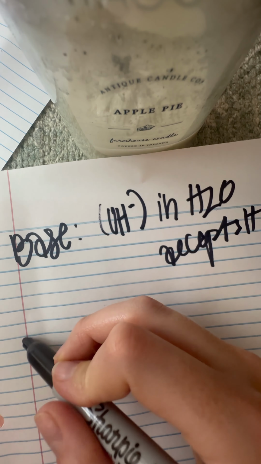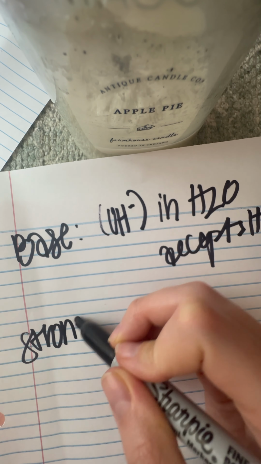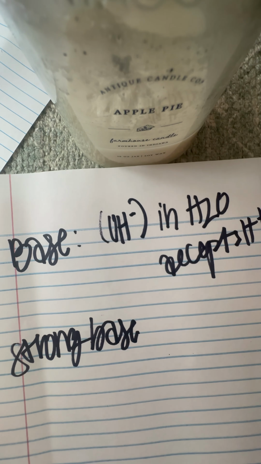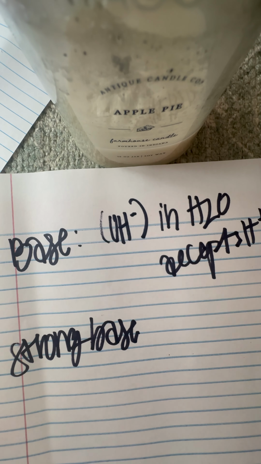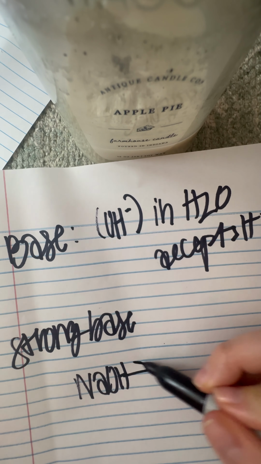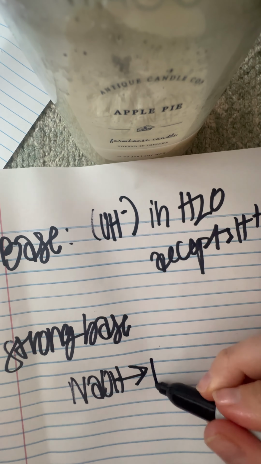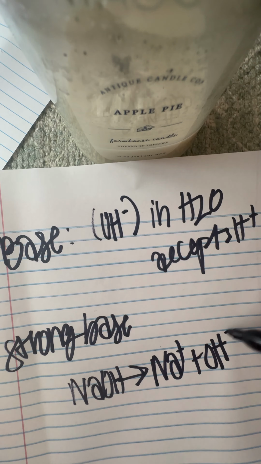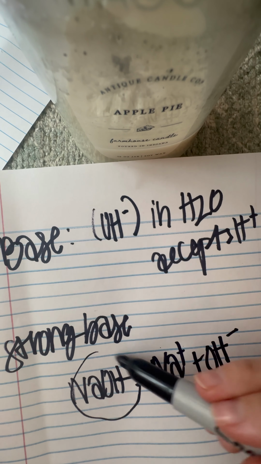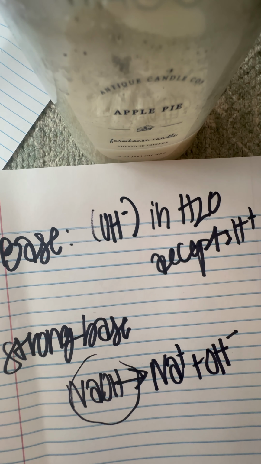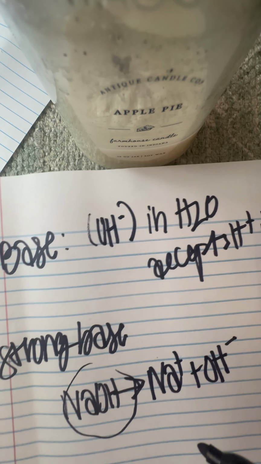An example of a strong base, and same idea with strong bases and strong acids, it is fully breaking apart in water. So an example of that would be this here, Na. As we can see, again, all of this is turning into ions. So that is why it is not in equilibrium, it's going one way.